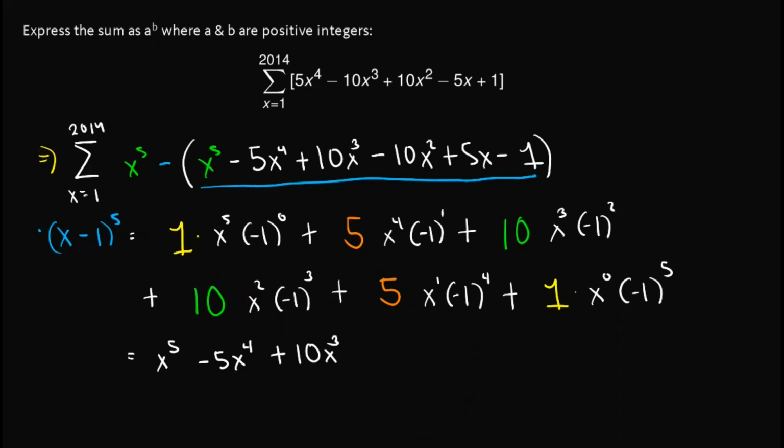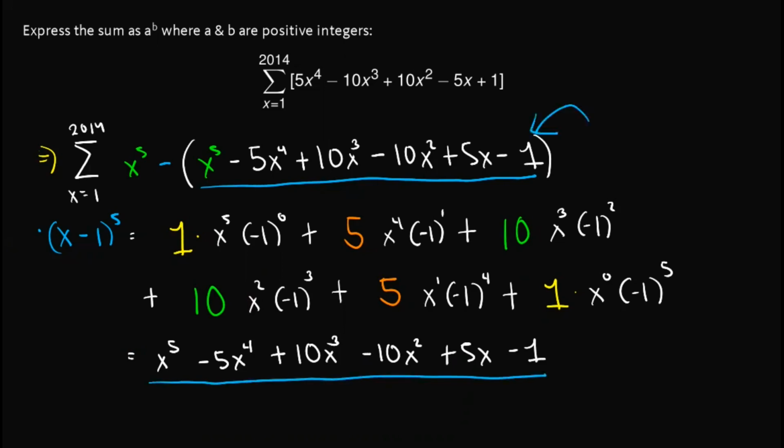So we do the same for the remaining terms. So for the next, we have 10x squared plus 5x minus 1. And clearly, we can see that this one is the same as this one.